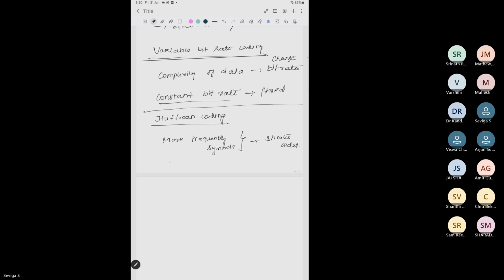For less frequently used symbols, it assigns a longer code. By assigning in this way, it minimizes the total number of bits required to encode the data. Is it clear?